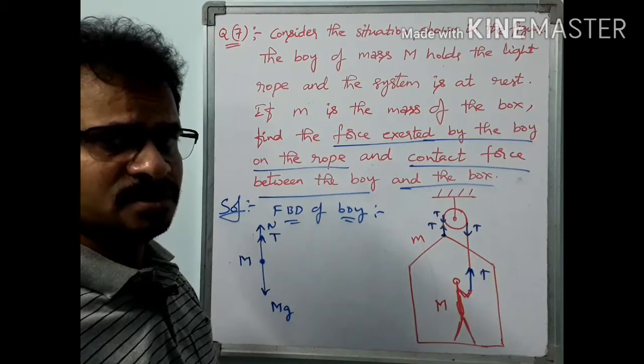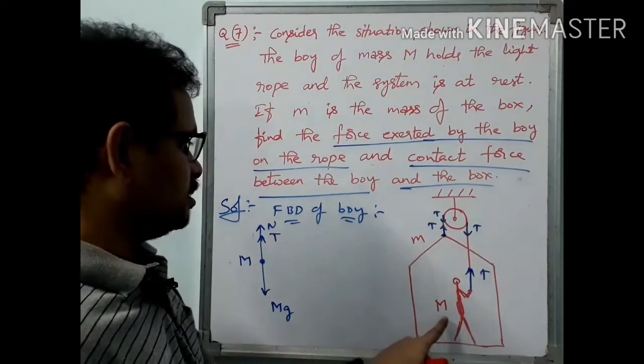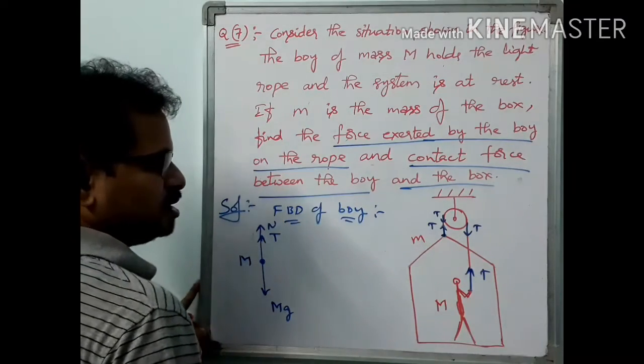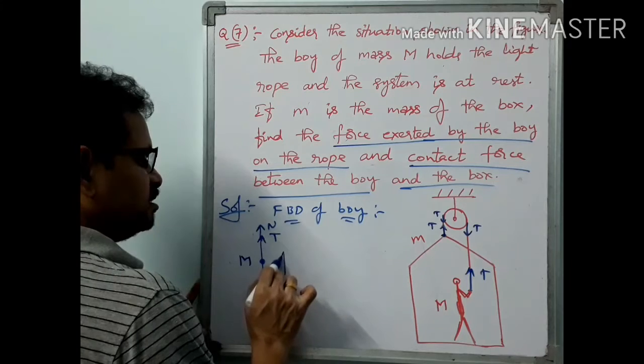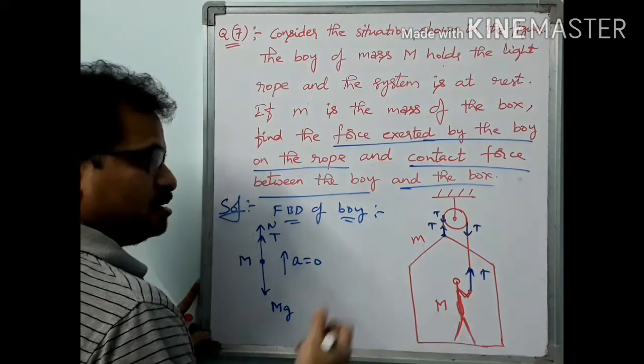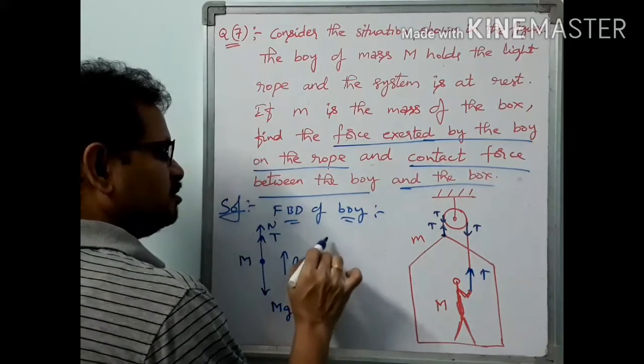One is gravitational force, which is an external force here, then tension force, as well as normal reaction force. Tension and normal reaction are both acting upwards, and gravitational force downwards. And what is the acceleration? A equal to 0. Since he is at rest, acceleration is 0. What does it mean? Sum of upward forces equal to sum of downward forces.